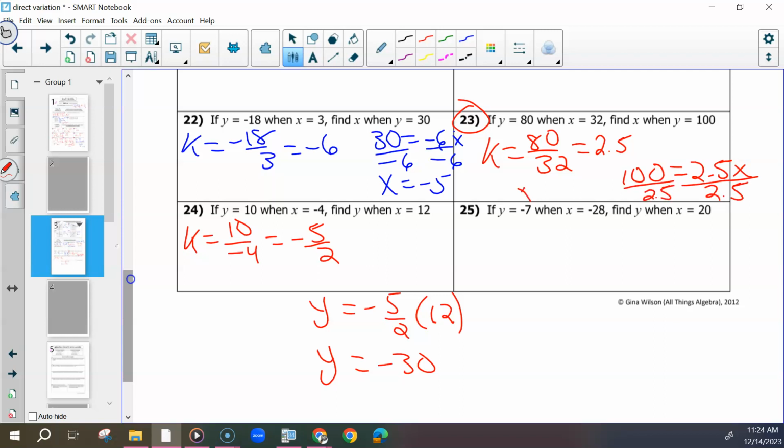What is x? 40. Check with your calculator. Other questions before we move on?